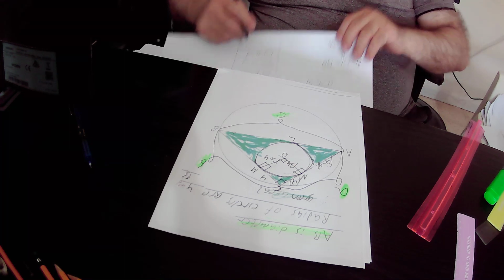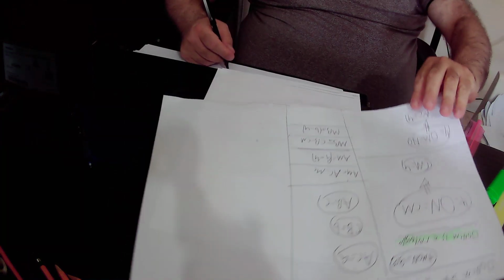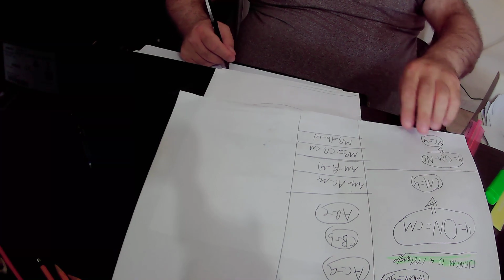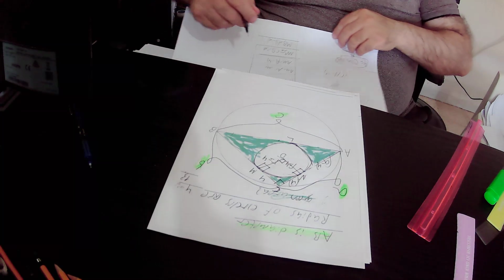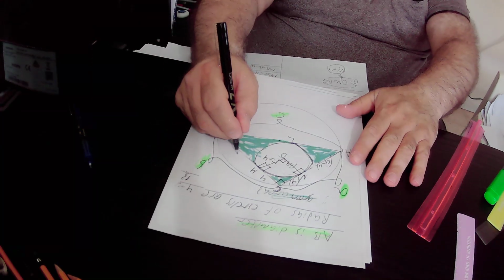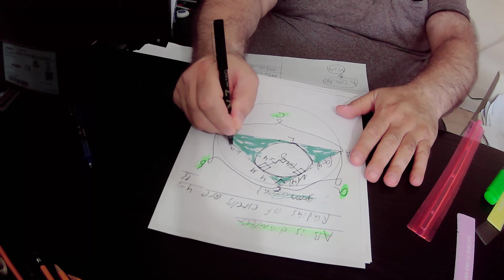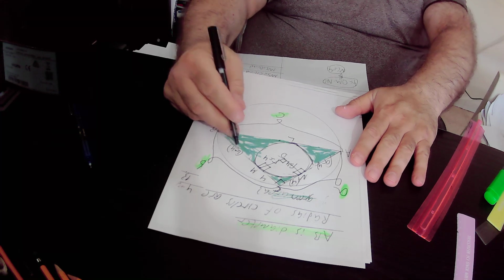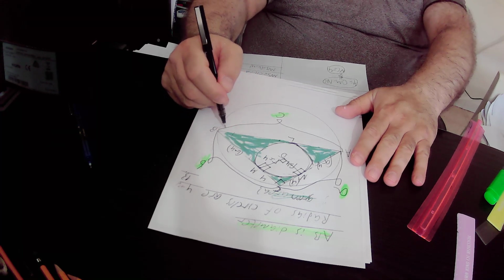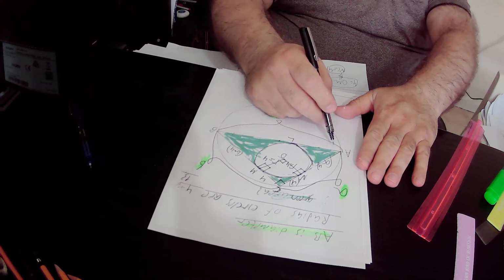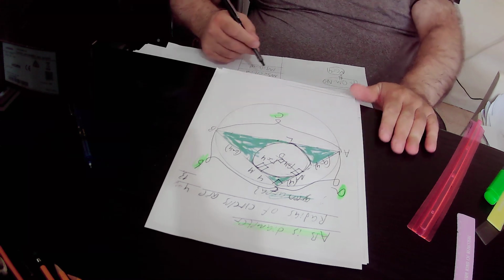So in conclusion, we found out that MB equals B minus 4 and AM equals A minus 4.